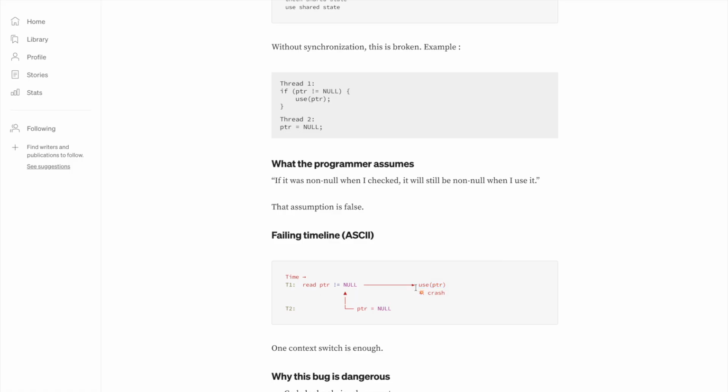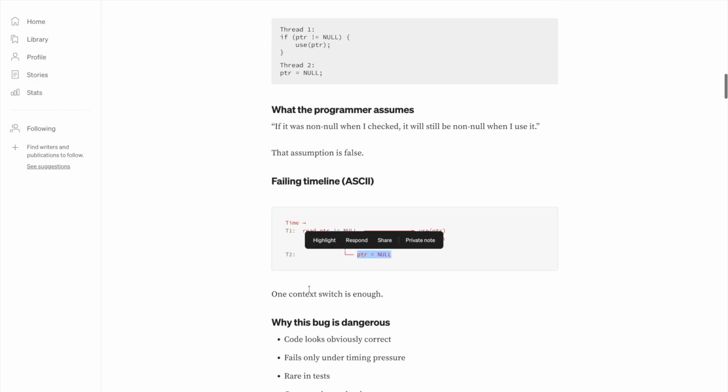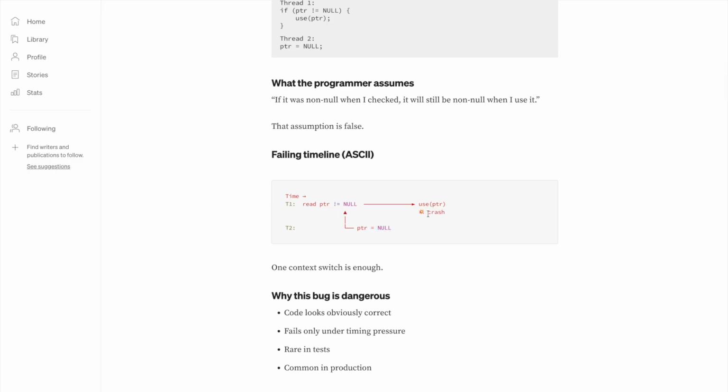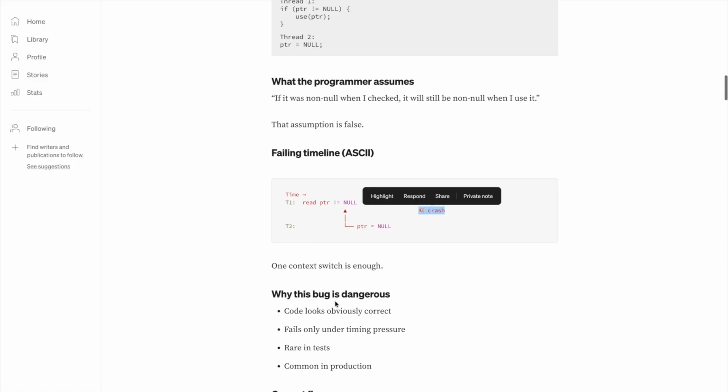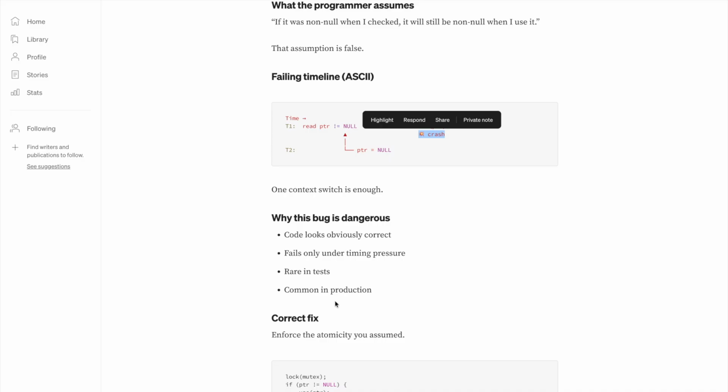But in between, at t2, some other thread assigned the ptr to null. So now this is causing an error because ptr is null and you are using a null value, which can crash your system.